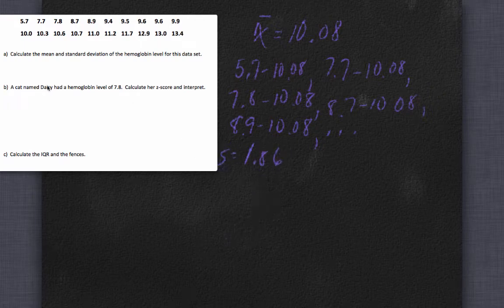Okay. A cat named Daisy had a hemoglobin level of 7.8. We want her z-score. So we take her value minus the average over the SD.